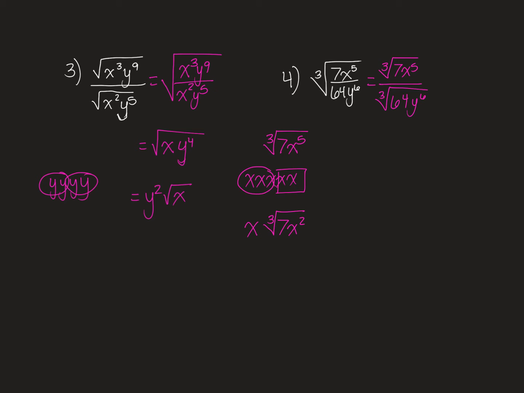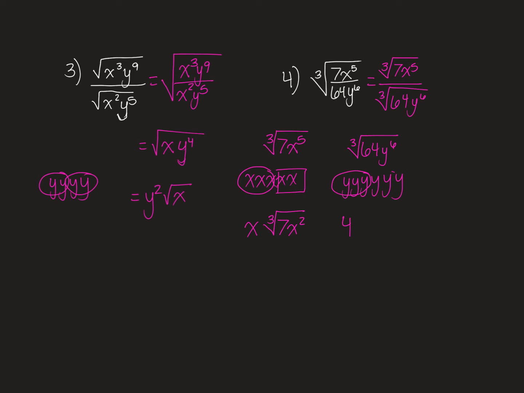Let's look at the denominator. Cube root of 64y to the 6th. So 64 is actually a perfect cube of 4. And then we have y to the 6th. So 1, 2, 3, 4, 5, 6.